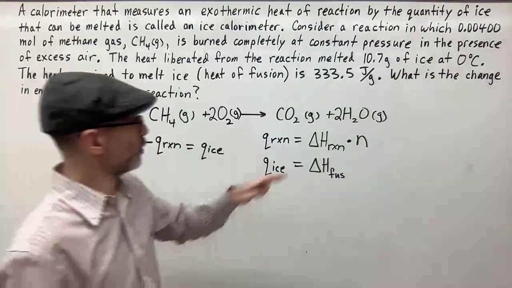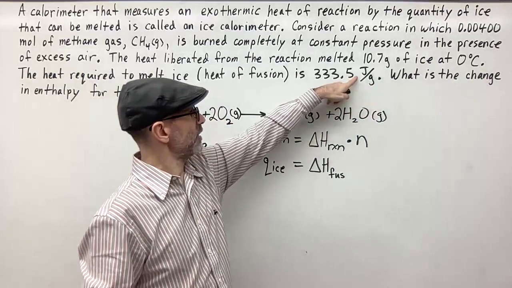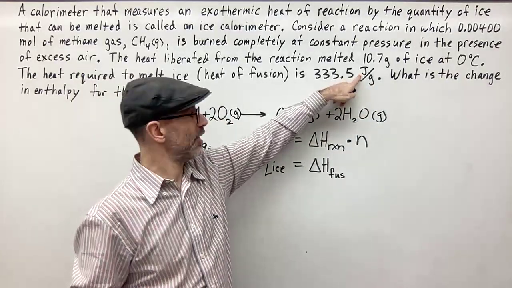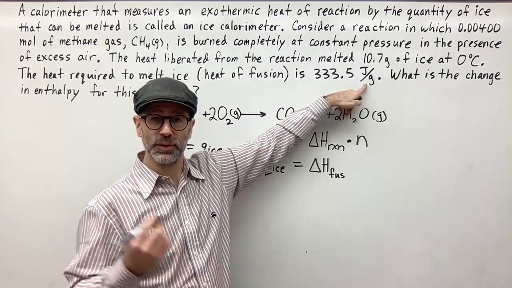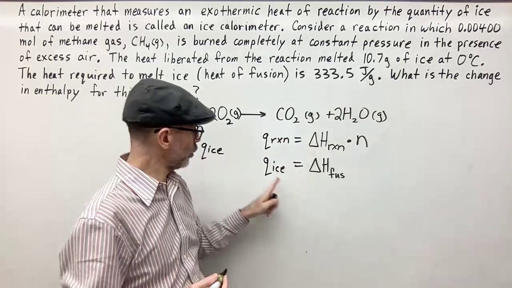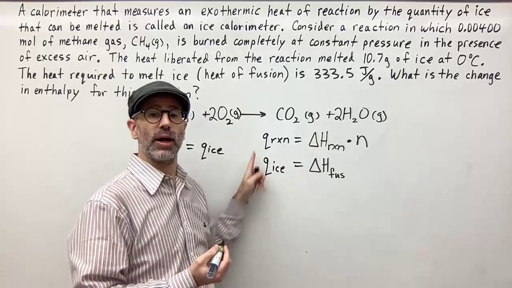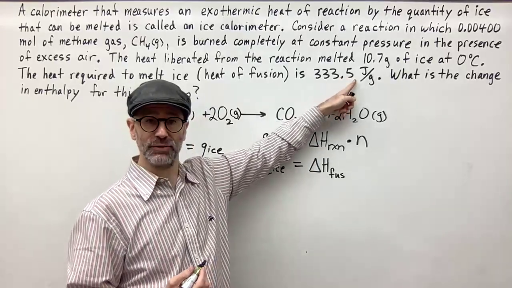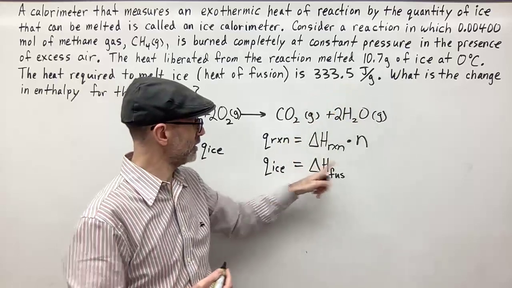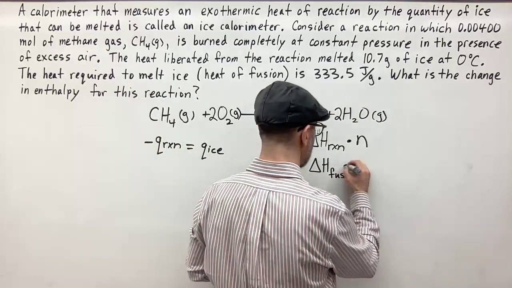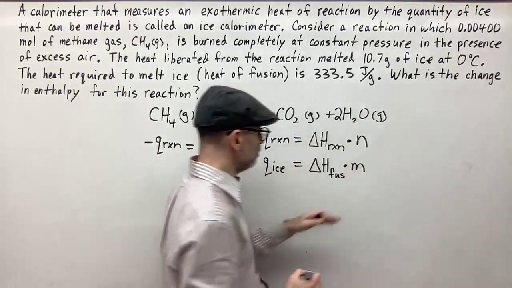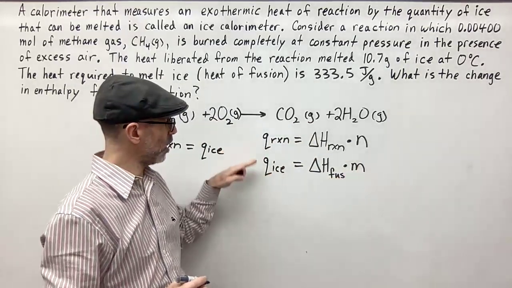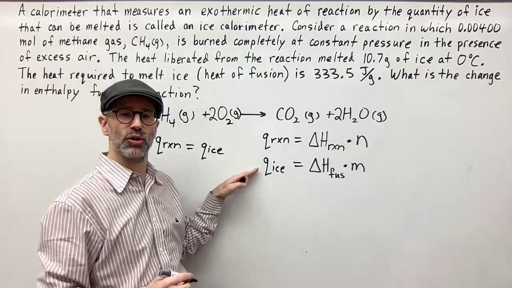Yep, joules per gram, I'm sorry. Notice that we have joules, which is an energy unit, divided by grams, a mass unit. So Q is an energy, right? We want only an energy unit. In this case, we want joules left over. So this is going to have to be multiplied by mass, so mass in grams.